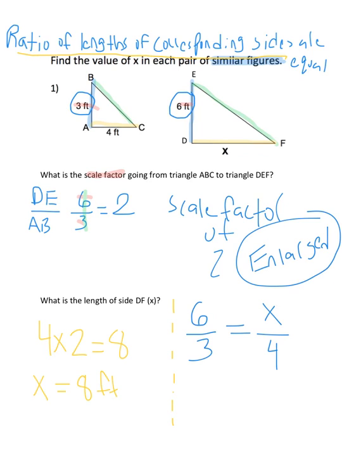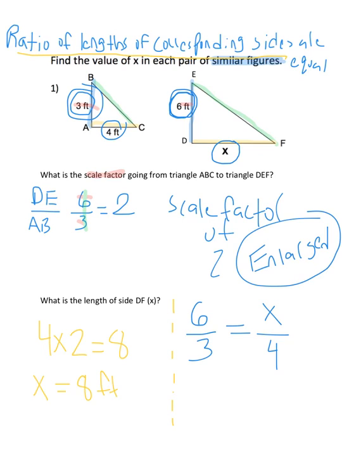If you're saying, where did we get the 6:3? That's coming from side DE and side AB. So we have the side length 6 and a side length 3, and we set it up as a ratio. And that second ratio is coming from side DF, which is x, we don't know it right now, and side AC, x/4. We know all ratios must be equal, so we're setting the two ratios equal to each other.